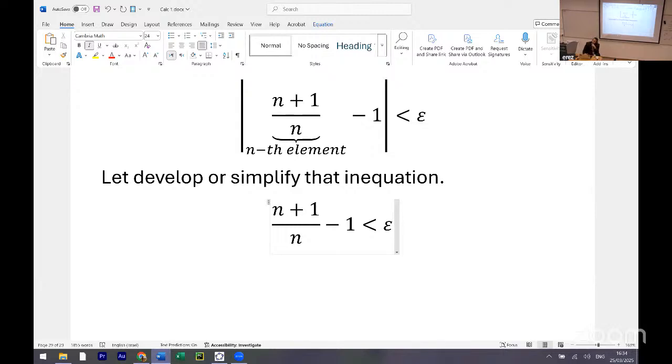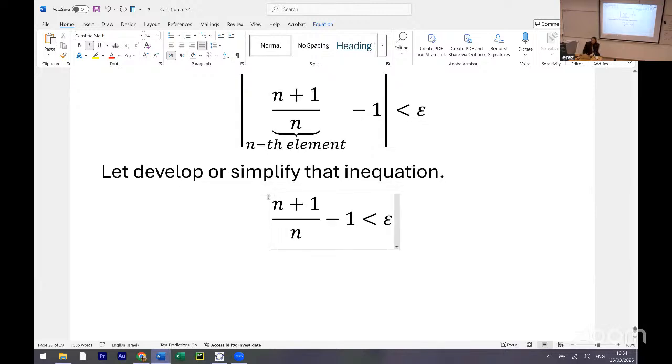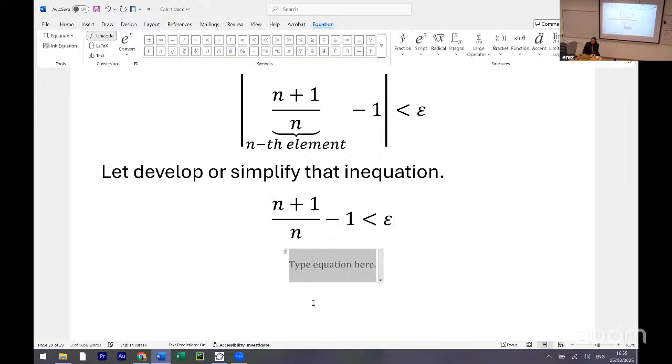What will be the next algebraic step? To simplify. 1 over n should be smaller than epsilon. Agreed? The next simplification, we usually try to single out the n, to extract n from the inequality.